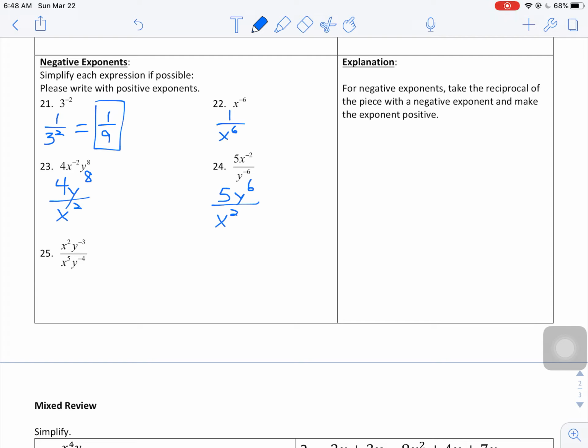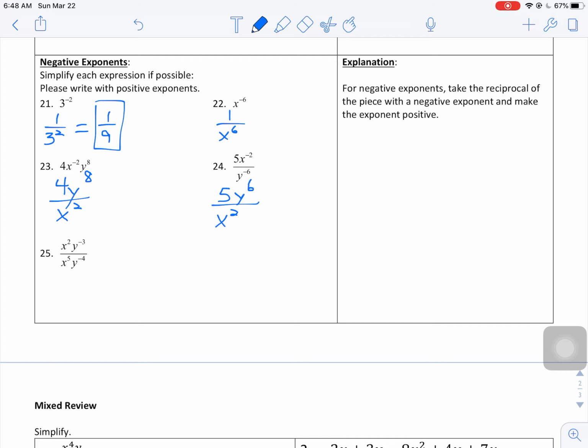25 has a lot of different options. You can flip all your negatives first and then use the quotient rule and the product rule as necessary. Or you can start by just using the quotient rule and then do any flips as necessary. I'll actually show you both ways. So the first way I'm going to do it is I'm going to use the quotient rule first and then flip.